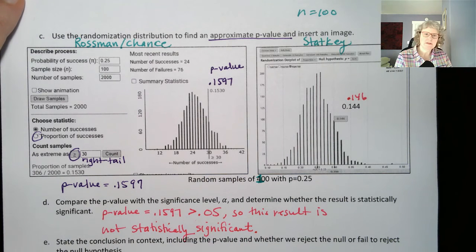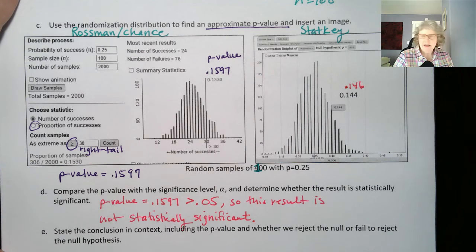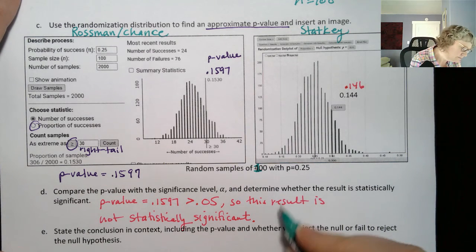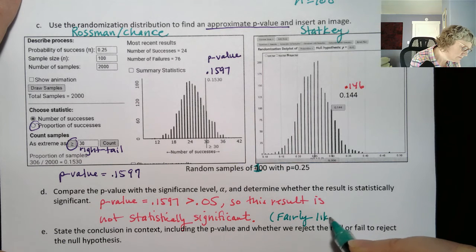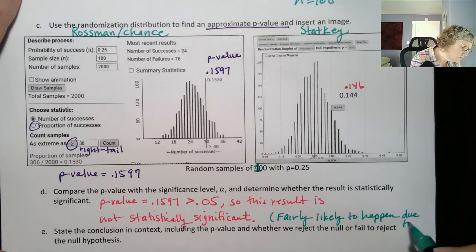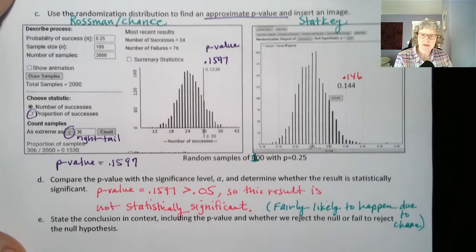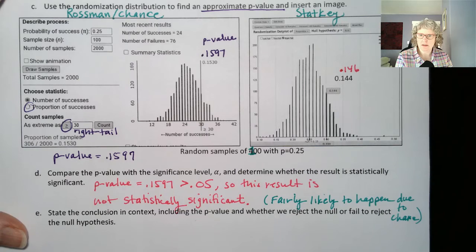Okay, so what that's saying is it's fairly likely to happen due to chance. Okay, and another way to say it is it's evidence for the null, not the alternate.